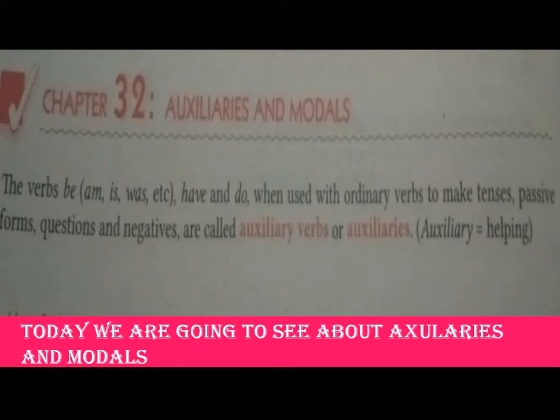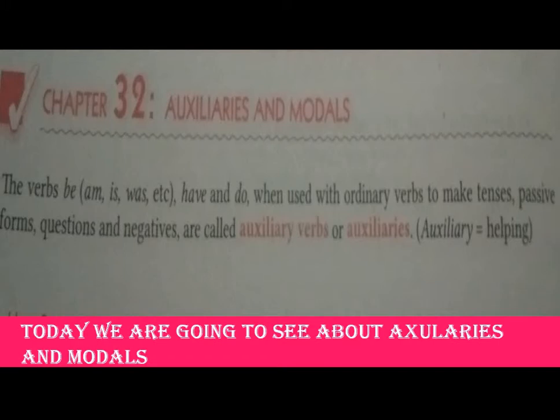The verb be, am, is, was, etc., have and do, when used with ordinary verbs to make tenses, passive forms, questions, and negatives are called auxiliary verbs or auxiliaries. So, guys, auxiliary actually means helping.